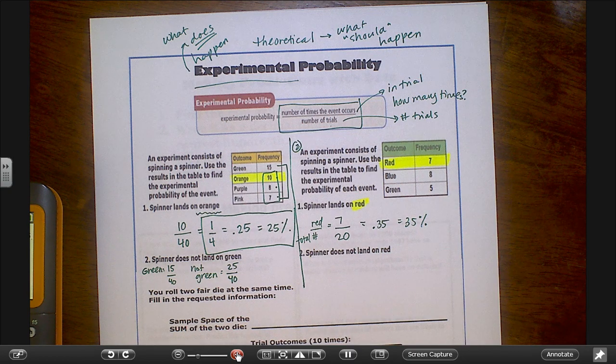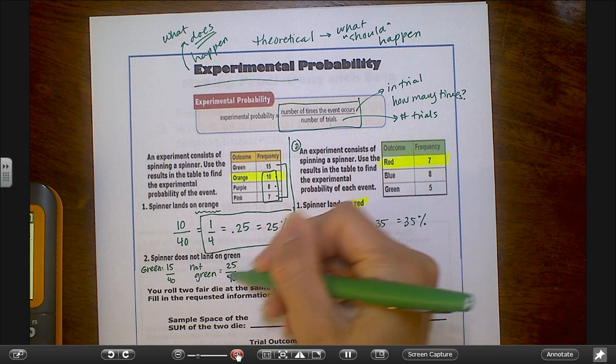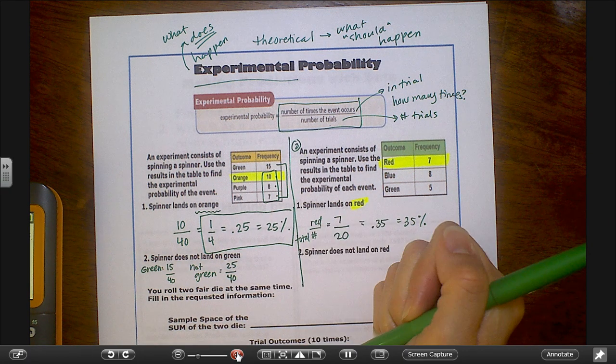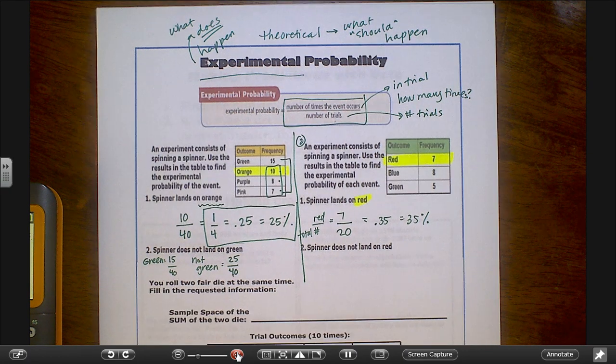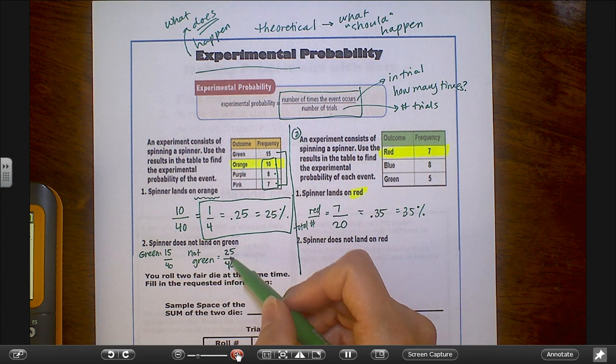Or, since you're either green or not green, and you have 40 total, not green has to be 40 minus whatever green is. So 40 minus 15 would also give you 25. So you can get that either way. And that is super important to know because sometimes it's way easier to subtract than it is to add.